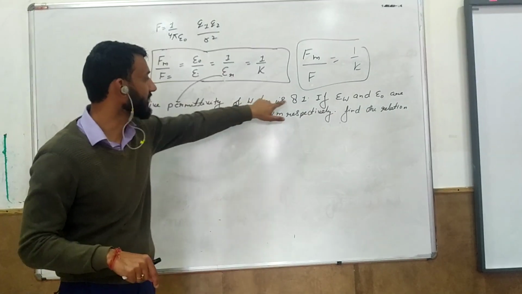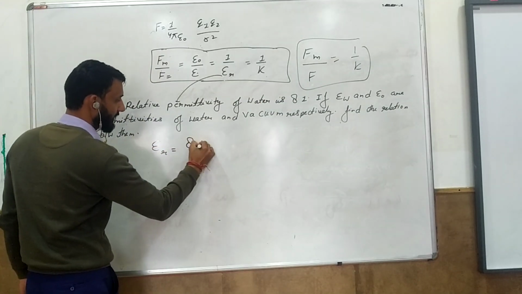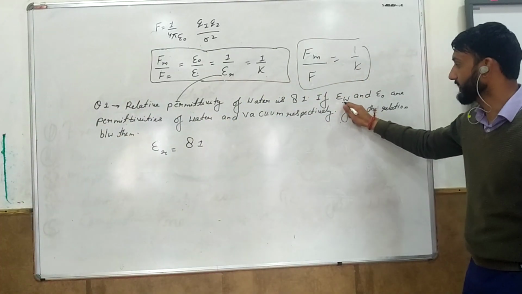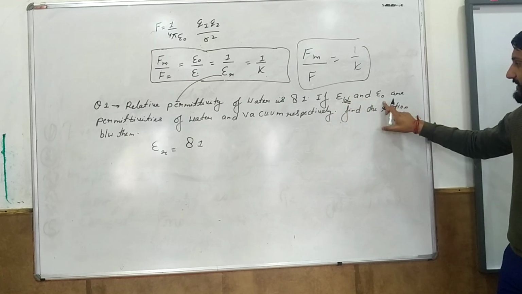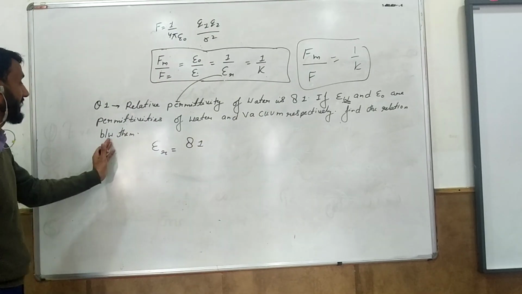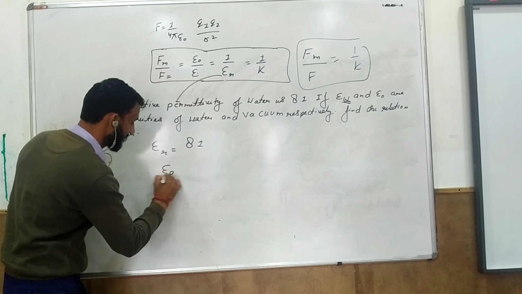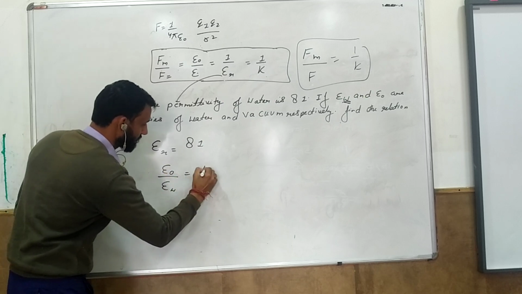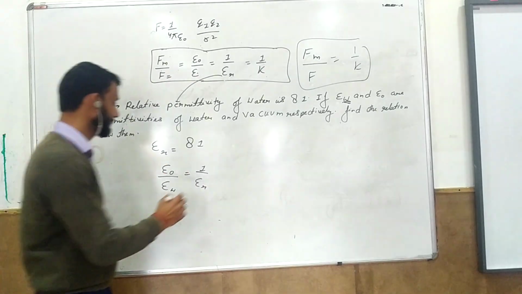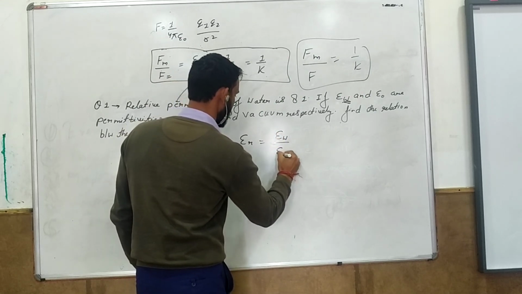Relative permittivity of water is 81. If epsilon W and epsilon naught are the permittivities of water and vacuum respectively, find the relation between them. So we will use this relation, epsilon naught upon epsilon W is equal to 1 upon epsilon R. If I reciprocate it, epsilon R is equal to epsilon W upon epsilon naught.